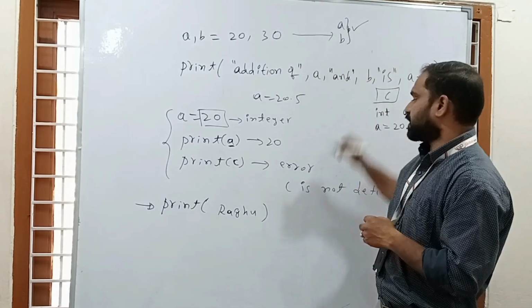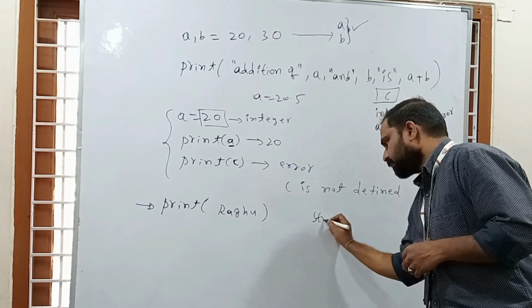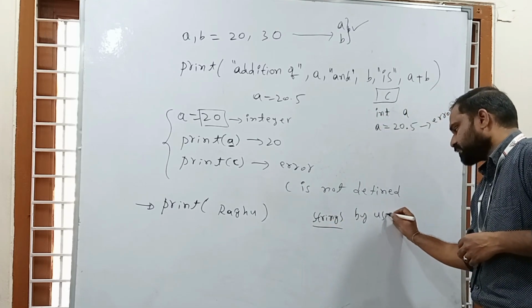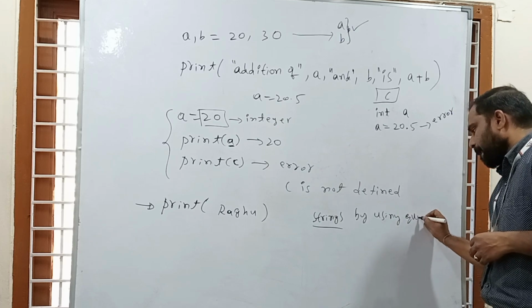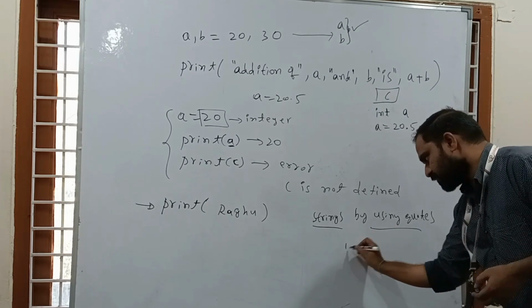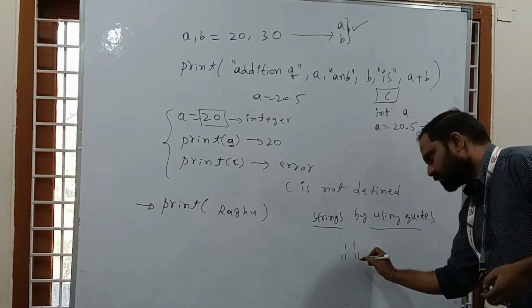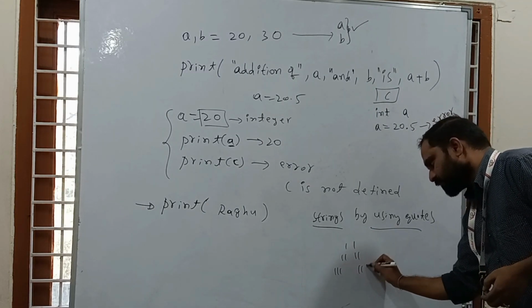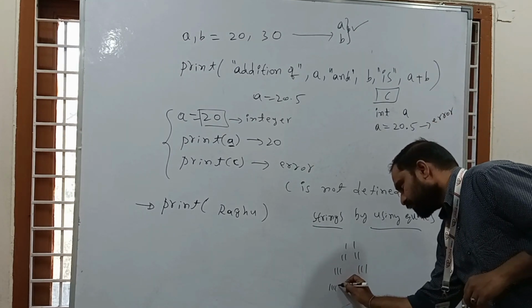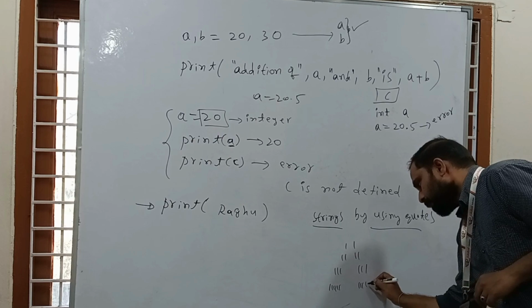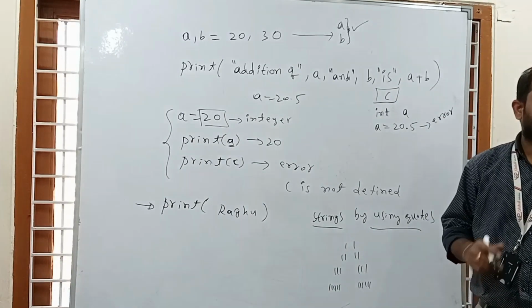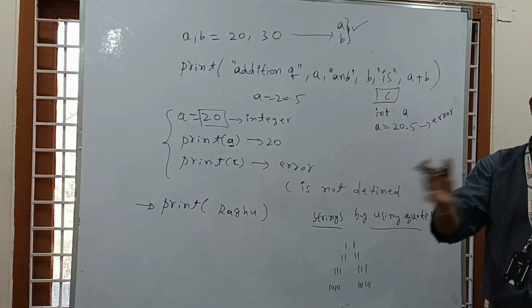Creation of a string is done by using quotes, quotations. You can use single quotes, double quotes, or triple quotes also: single quote three times or double quote three times. Whatever you write in between these quotes is considered a text, a group of characters.